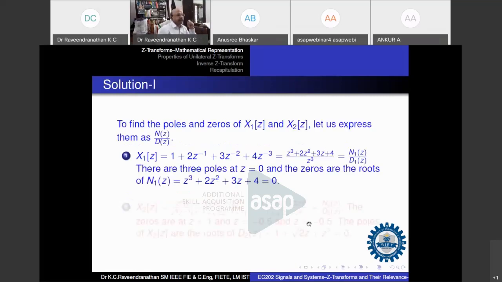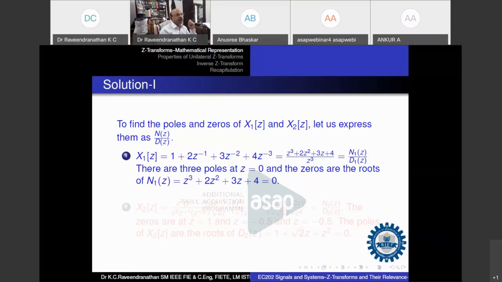In the first case, originally the denominator polynomial is unity. So we multiply both numerator and denominator by z to the power 3, and we get the numerator z cubed plus 2 z squared plus 3 z plus 4, divided by z cubed, where N1 is the numerator polynomial and D1 is the denominator polynomial.